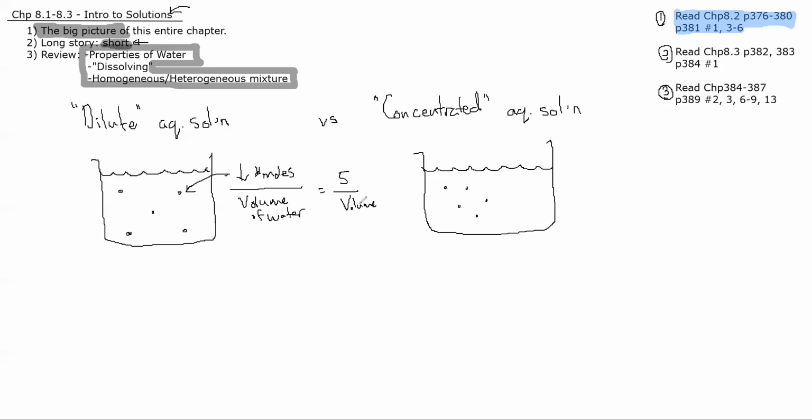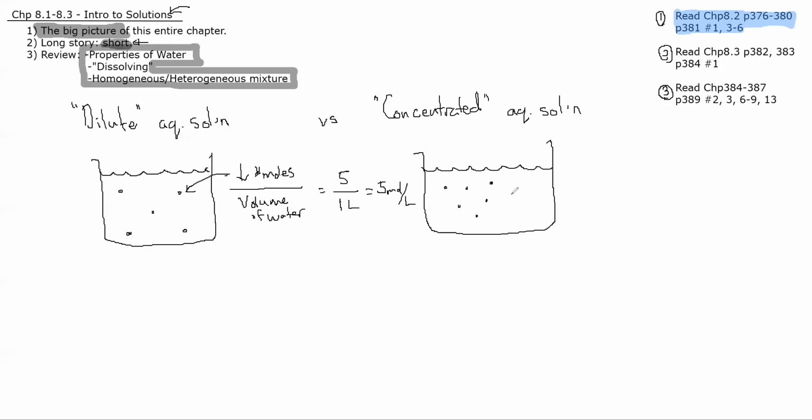Let's keep it simple. Let's pretend this is 1 liter. Okay, 5 over 1, that's going to be 5 moles for every single liter. Okay. Let me clean that up a little bit. That's going to be 5 moles for every single liter of water.